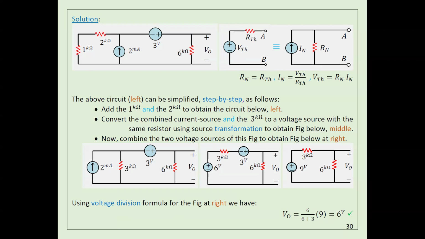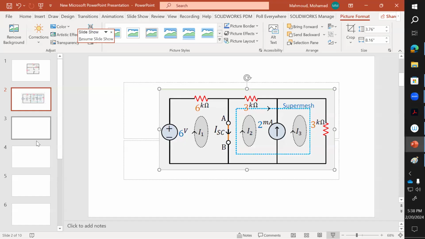So now the circuit becomes very easy. All I have to do now: you have 2 sources. These sources are in series, and positive is connected to negative. If you remember, I explained it before. In this case, I can replace it by only 1 source, and you can add them together. So let me explain it here.